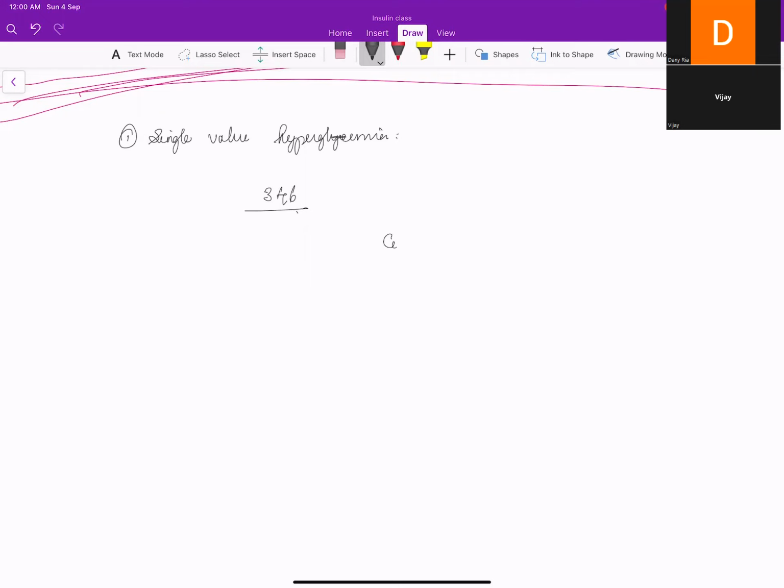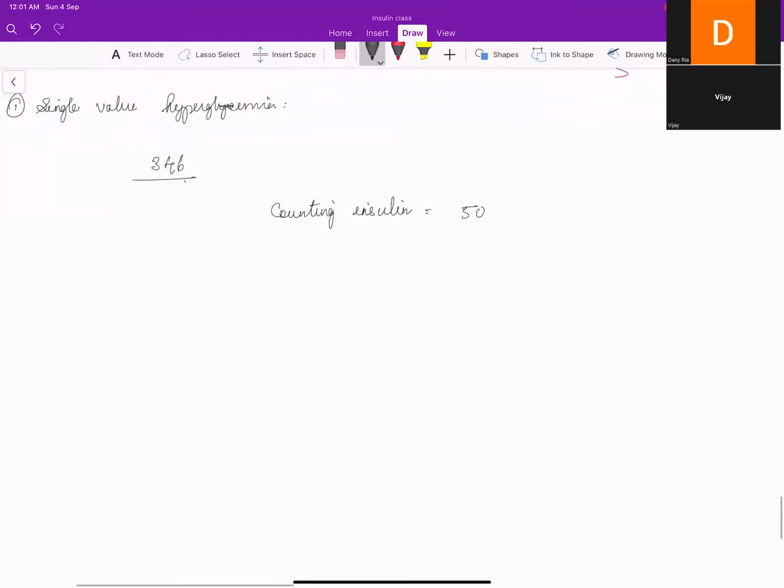So there's something called counting insulin. What is that? 500, it's average value divided by total daily dose. Assume that the patient is taking 50 units of insulin per day. So 500 divided by 50 will be 10.